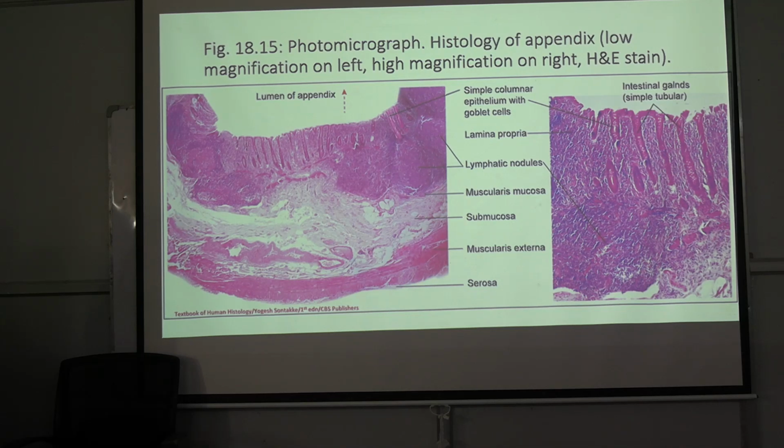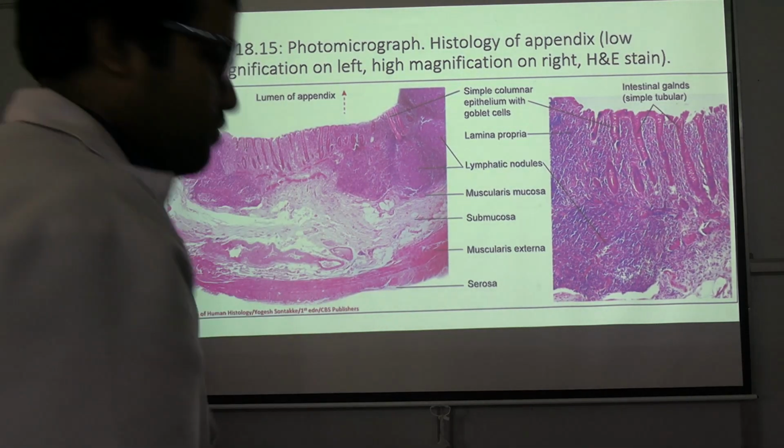We have this specimen projected in 3 or 4 images. Just go and see, try to see this in sequence, from the lumen side to the underside. Take a picture and then try to analyze which layer is which.